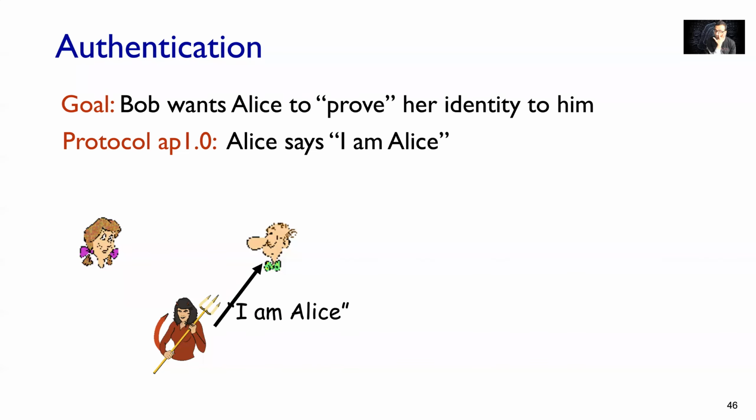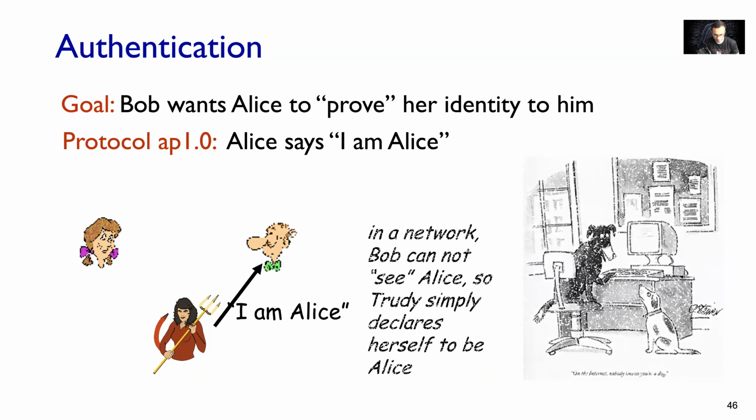Now, obviously, it is probably easy for you to figure out the problems with this, because what is stopping Trudy from sending a message claiming that she's Alice, right? Because remember, the attacker has complete access to the communication channel, and the attacker can create these false messages.